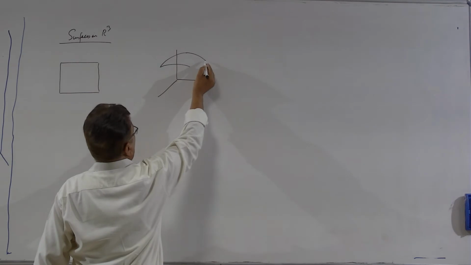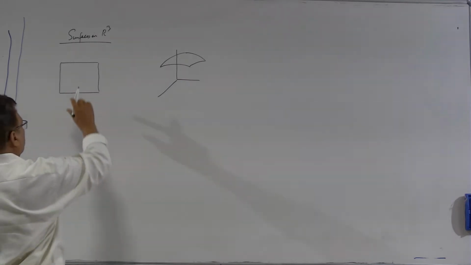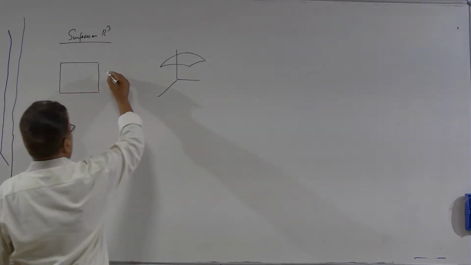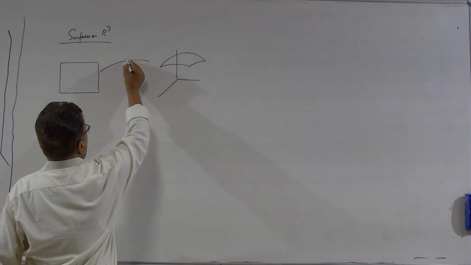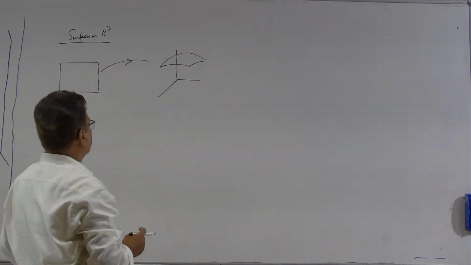So, it will look like this kind of shape. So, what you did mathematically is that you took a sheet of a plane, and then you applied some function on it, and that function is a deformation, and that gives rise to a surface.